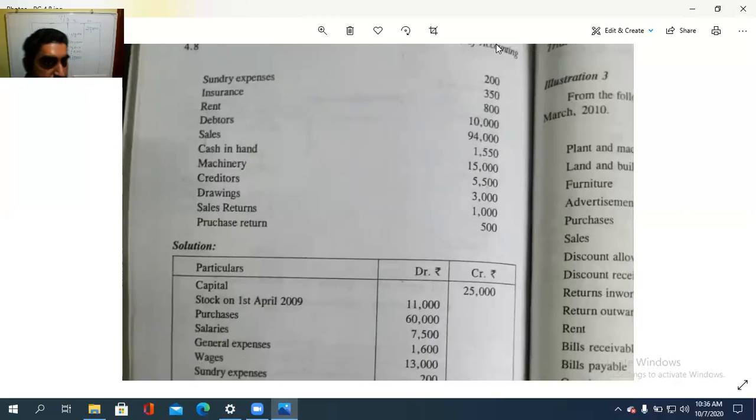Sundry expenses 200. Then insurance, it is 350. Rent, it is 800. Then debtors 10,000. Then sales, how much is it? 94,000.